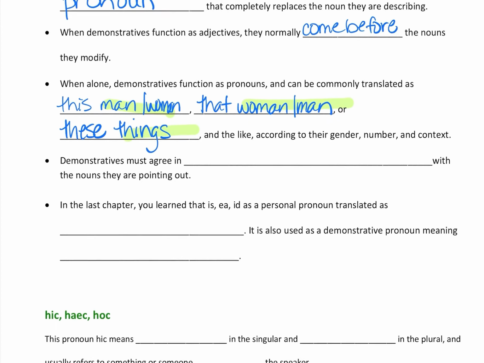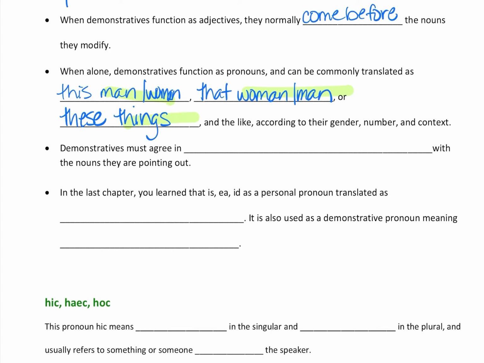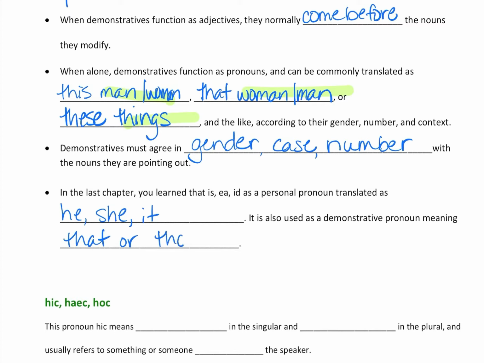So because they act as adjectives or pronouns, they must agree in gender, case, and number with the nouns that they are pointing out. So in the last chapter, you learned that is, ea, id as a personal pronoun is translated as he, she, or it. It can also be a demonstrative pronoun, meaning that or those. Remember, pointing something out. So same thing here, that or those.